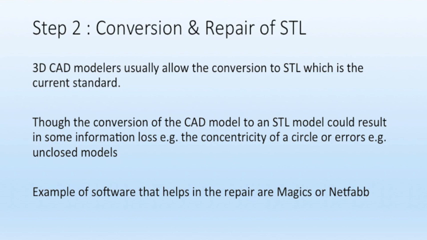In that case, there is software that helps in the repair of such STL files, such as Magics or Netfabb. Netfabb Basic is a free software that you could download to repair your STL file.